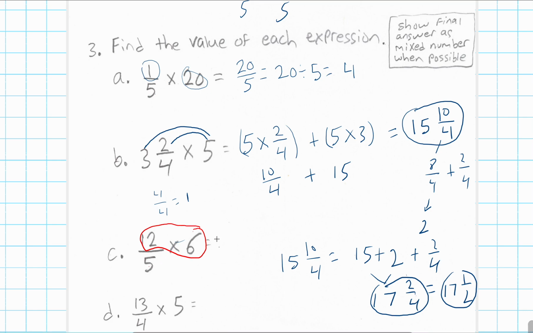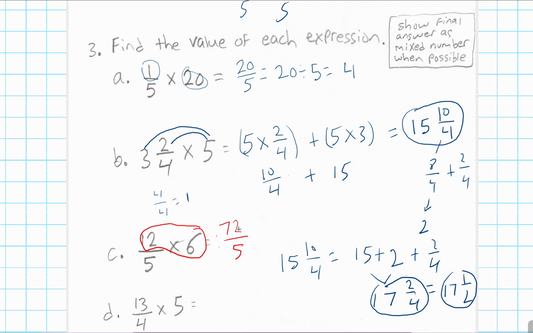Okay, so this is going to give us 72 fifths. Okay, so an easy way to convert this improper fraction into a mixed number, because again, we definitely have more than 1 whole here, because every 5 fifths is a whole.